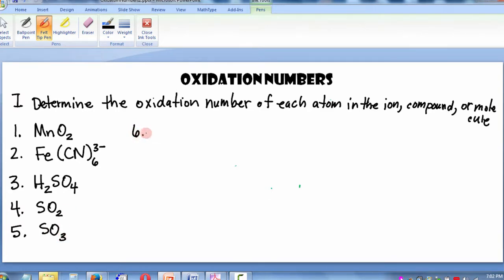Number six, CrO4 with the 2 minus charge. Number seven, aluminum liquid. Number eight, Pb plus 4.